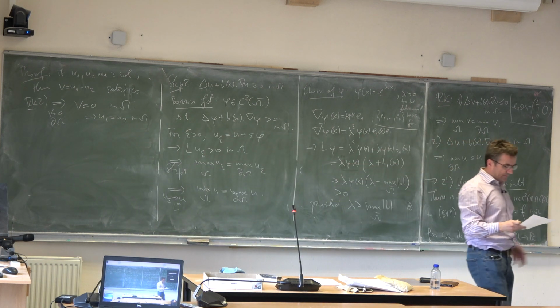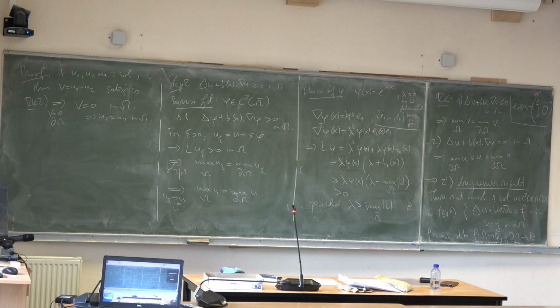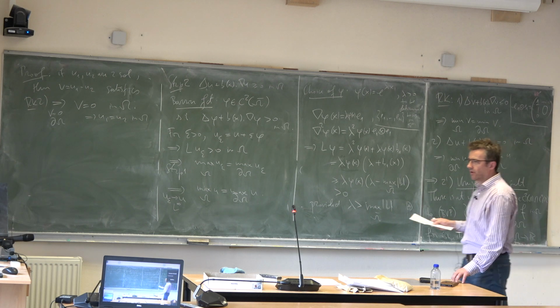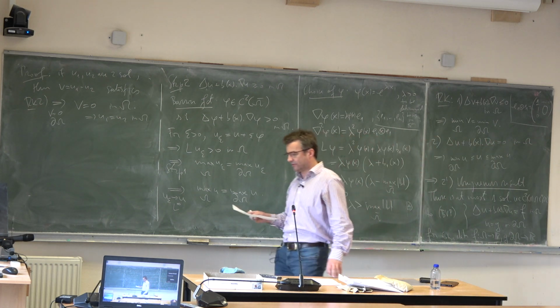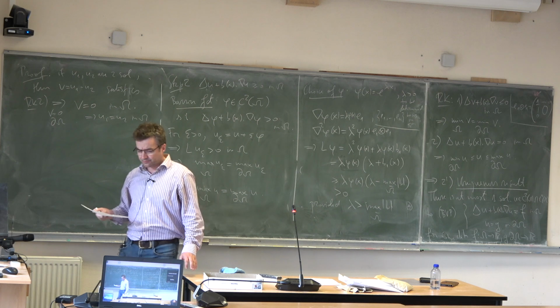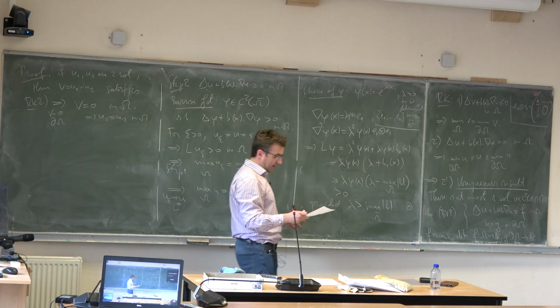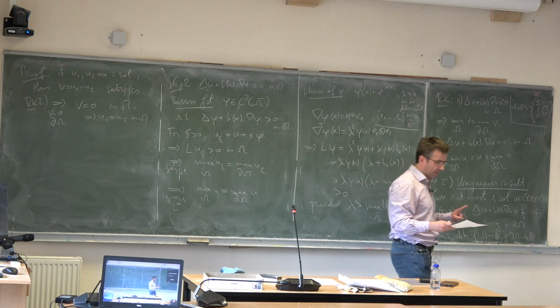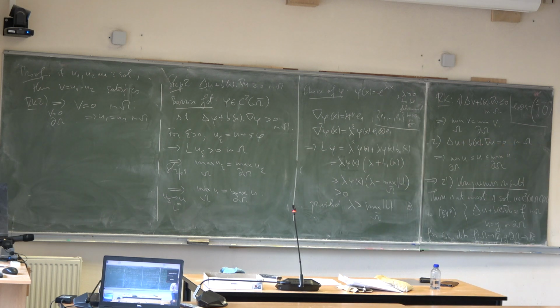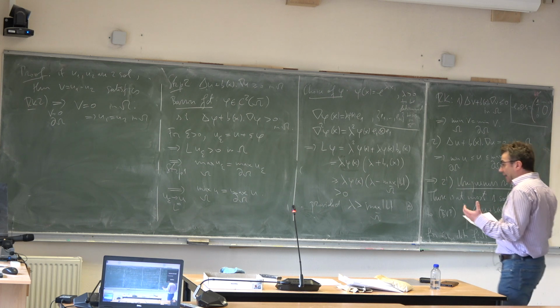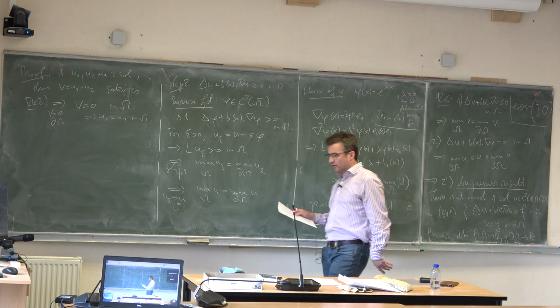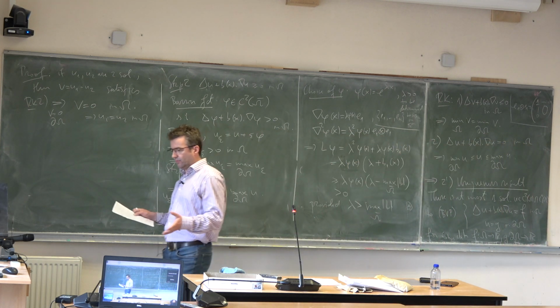Okay, so now another consequence is maybe what you saw in your complex analysis course, the maximum modulus principle, right? So imagine that you have a holomorphic function that, let's say, is continuous up to the boundary of your domain.